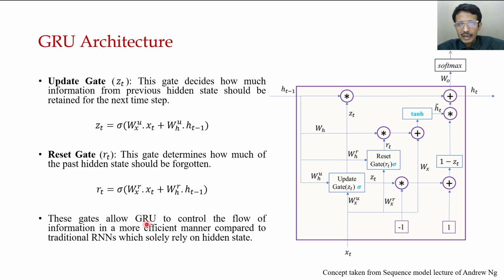These gates allow GRU to control the flow of information in a more efficient manner compared to the simple RNN, which solely relies on the hidden state. So now we have defined what r t and z t are.